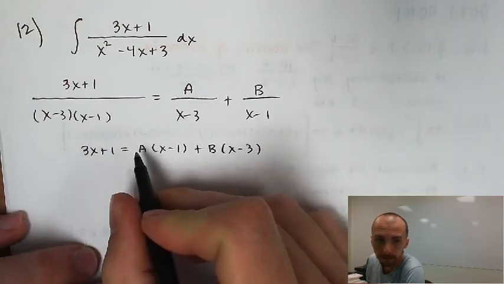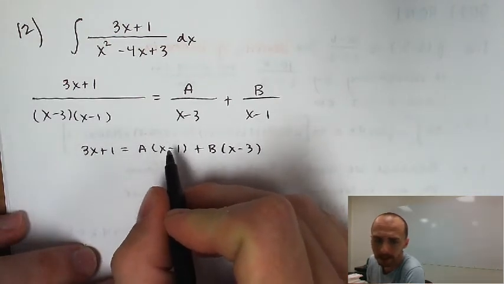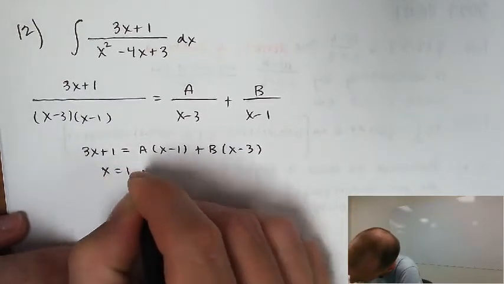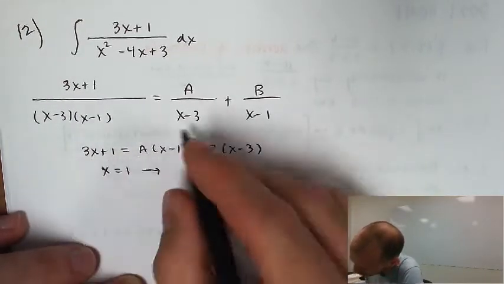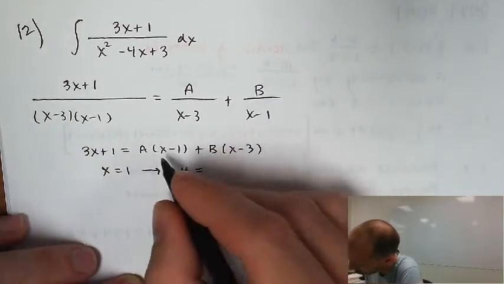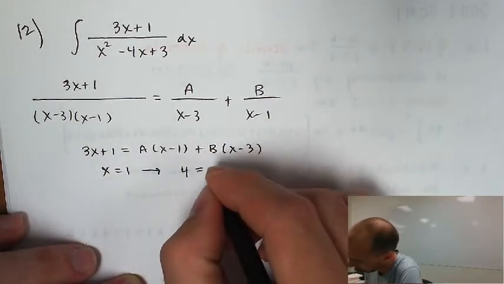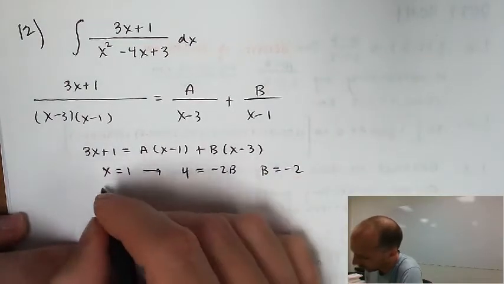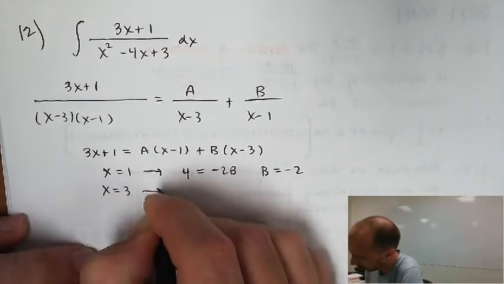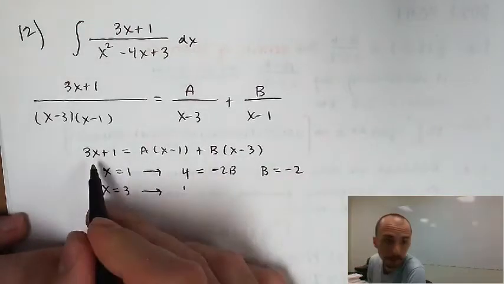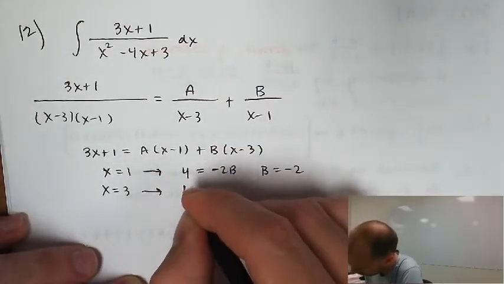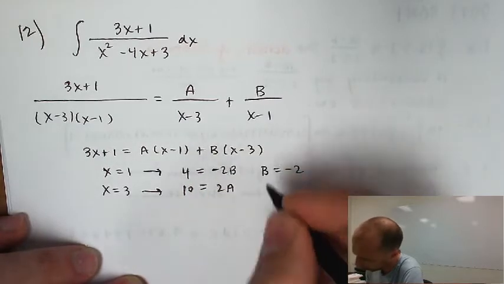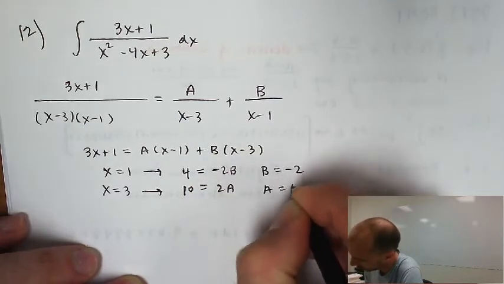Okay, I'm going to let x equal 1 so I can figure out what b is. So 3 plus 1 is 4 equals 0a minus 2b, so b is negative 2. And then when x equals 3, I'll have 3 times 3 is 9 plus 1 is 10, equals 2a plus 0b. So a is equal to 5.